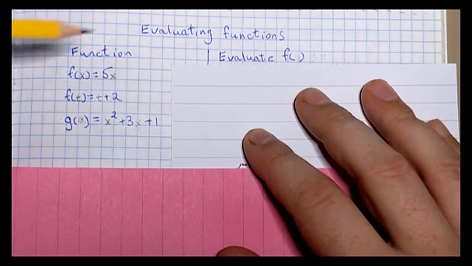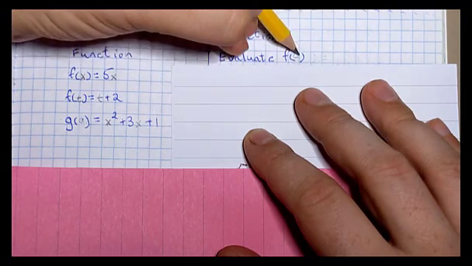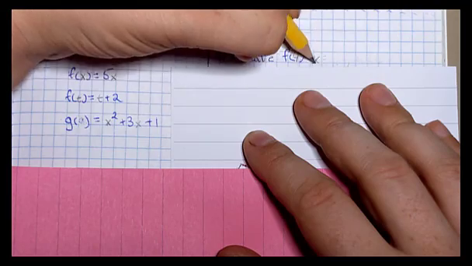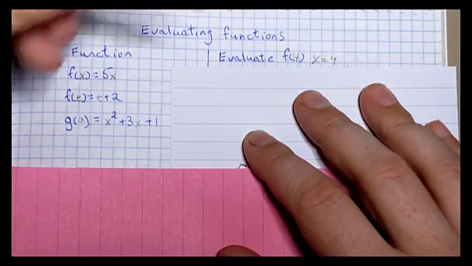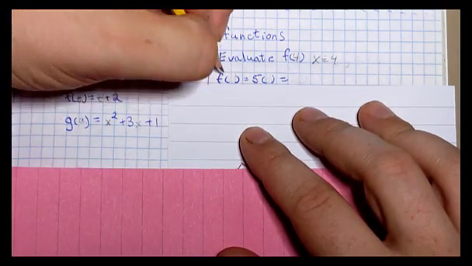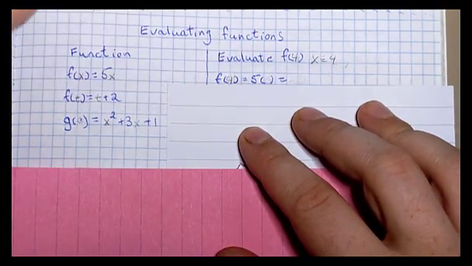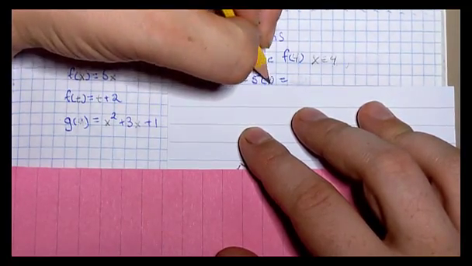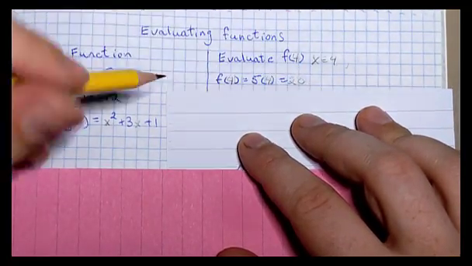So we're going to be evaluating each of these functions for f of 4, and that simply means that x is equal to 4 in this case. So for this first one, instead of saying f of x, I'm going to replace it and say f of 4, which would be 5 times 4, which is equal to 20.